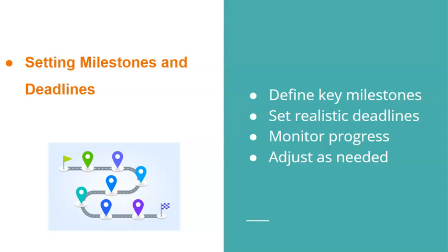Then the second step to setting milestones and deadlines for your project is setting realistic goals. You need to assign deadlines to each milestone and task that you have, and ensure that deadlines are achievable to avoid burnout and maintain quality. Factor in some important time buffers for unexpected delays.